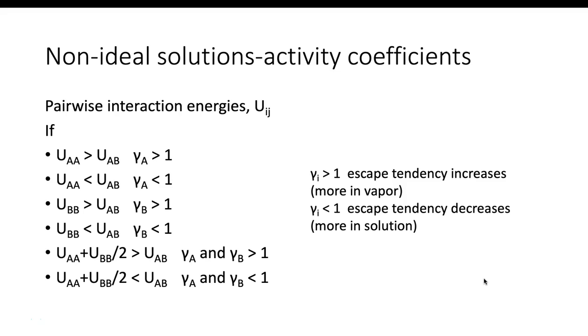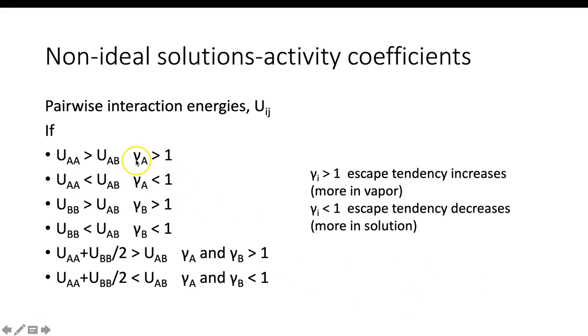If you want to think about the big difference, the one component we're adding is just this coefficient. It contains all of our differences between ideal and non-ideal. And if we want to simplify it in terms of pairwise interaction energy, we think about our activity coefficients.